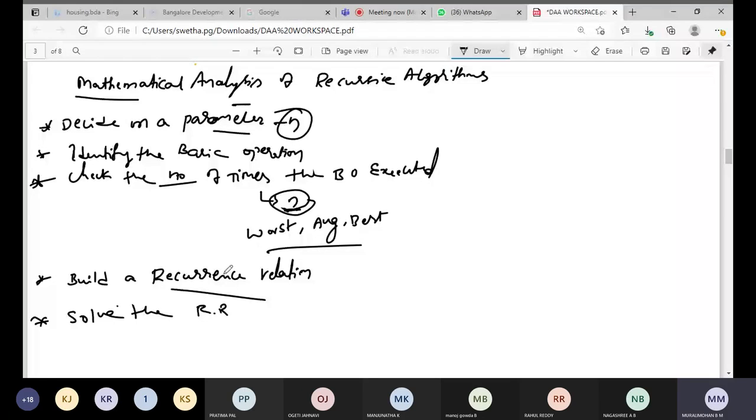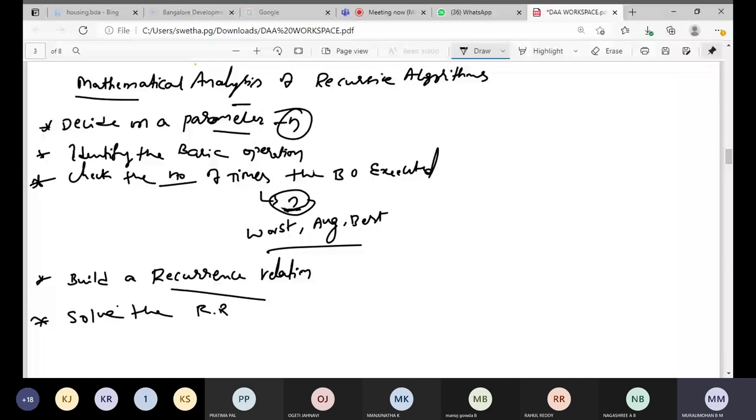Whereas in the case of non-recursive algorithms, we were building some expression. I hope you remember that one: we were building the sum expression. Here we will build the recurrence relation. Next, once it is finished, we'll solve the recurrence relation.